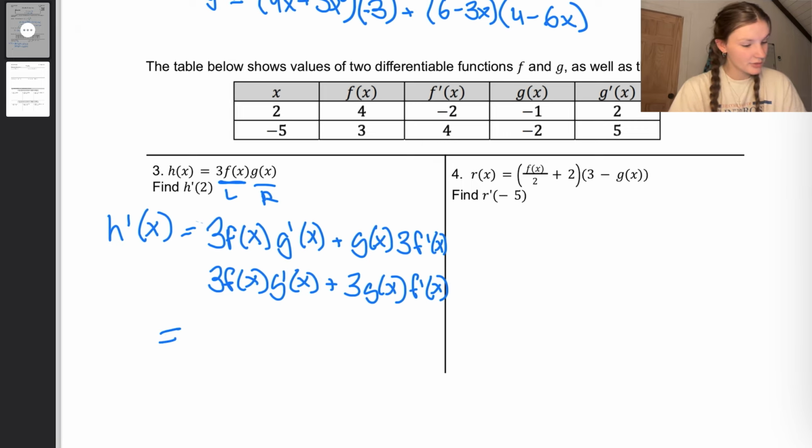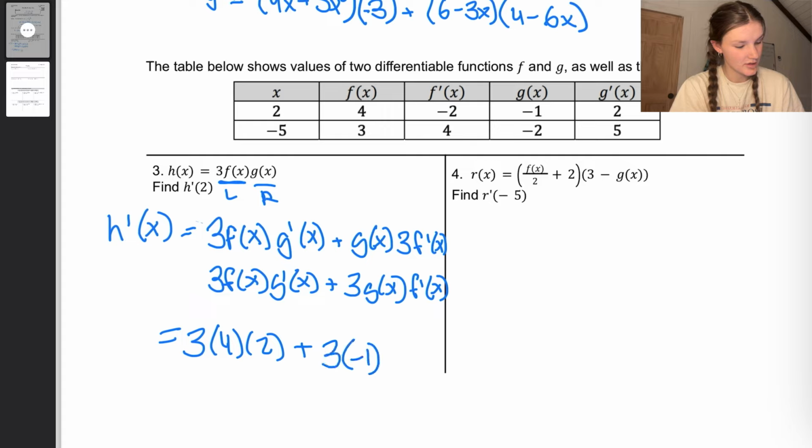Okay, now we plug in 2. So 3, what's f of 2? It's 4. Derivative of g at 2 is negative 1.